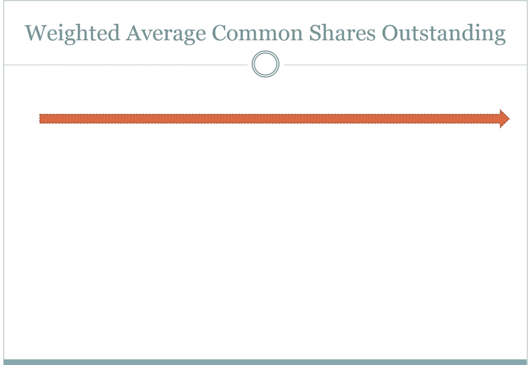So we've got a very simple timeline that represents the full year. Parnell, as of January 1st, 2012, which is the same thing as December 31st, 2011, had 1.2 million shares of common stock outstanding. On April 30th, we went into the market and repurchased some of those shares, a treasury stock transaction, specifically 60,000 shares.